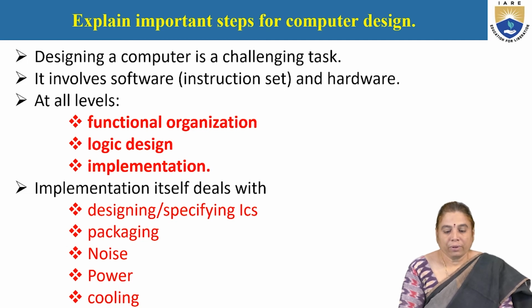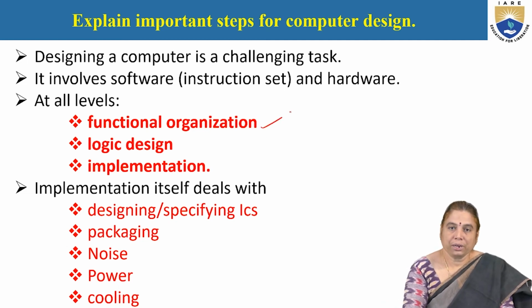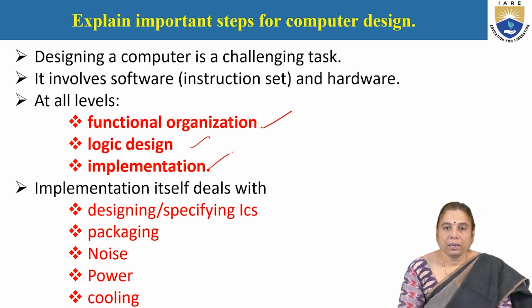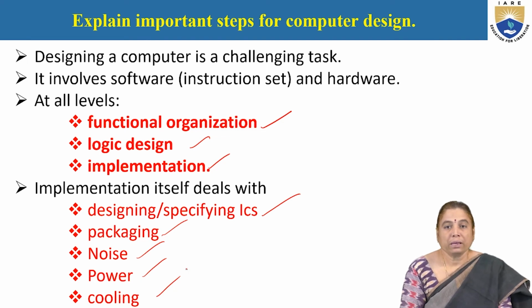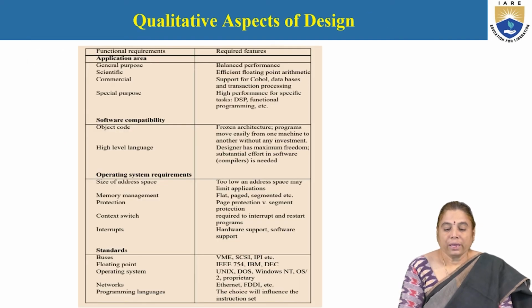At all levels, the functional organization, the logic design, and the implementation features can be considered for the computer design. Implementation majorly concentrates on specifying the ICs, packaging, noise, power, and cooling methodologies, all of which can be considered. So the qualitative aspects have to be considered here.